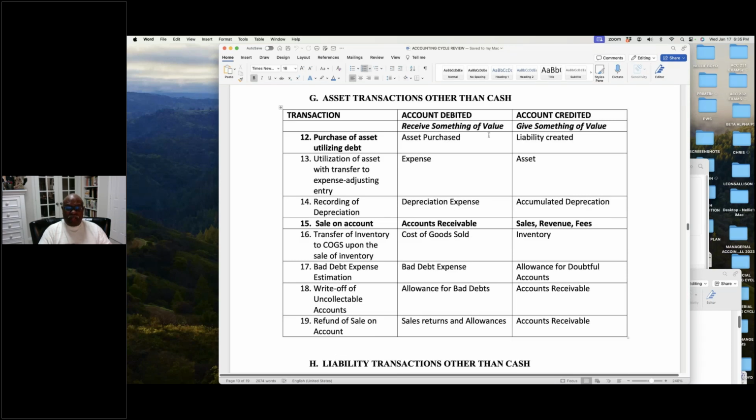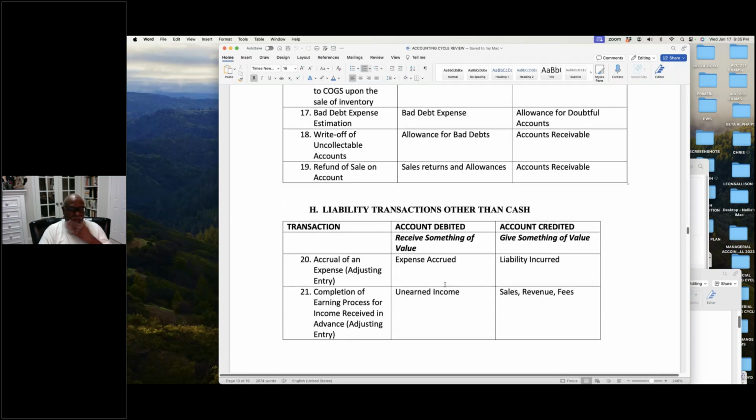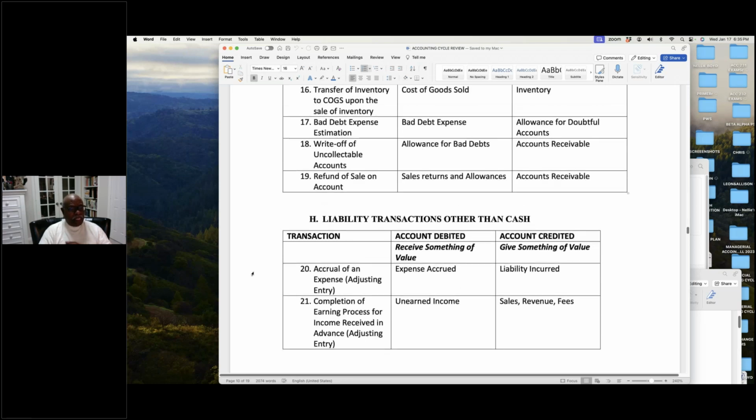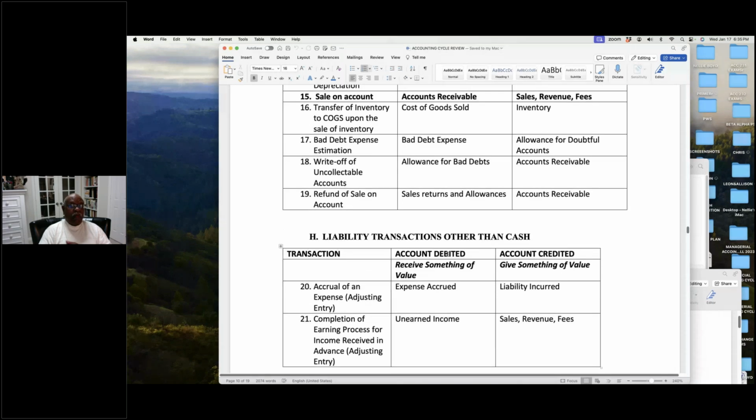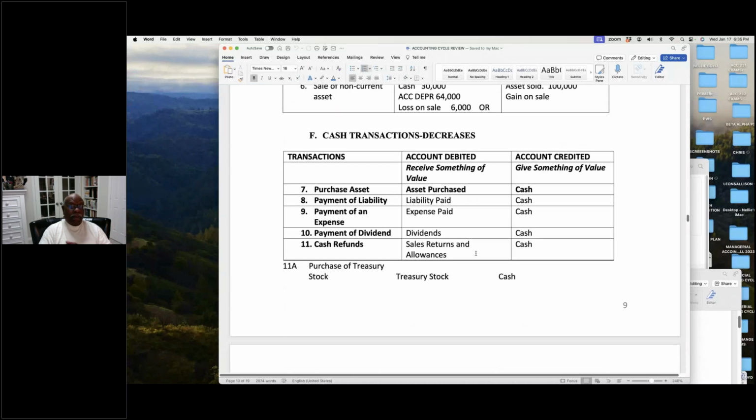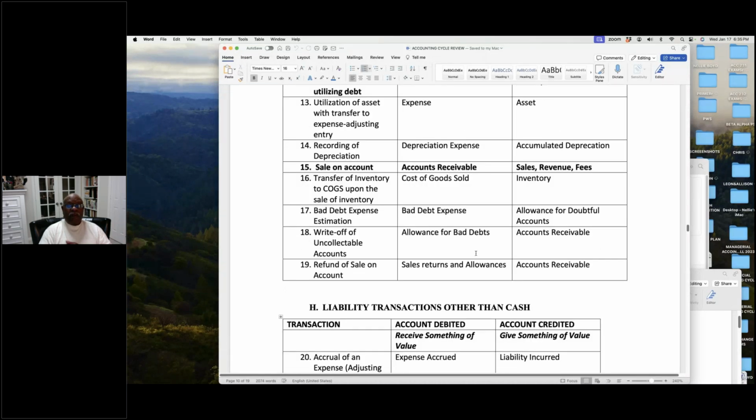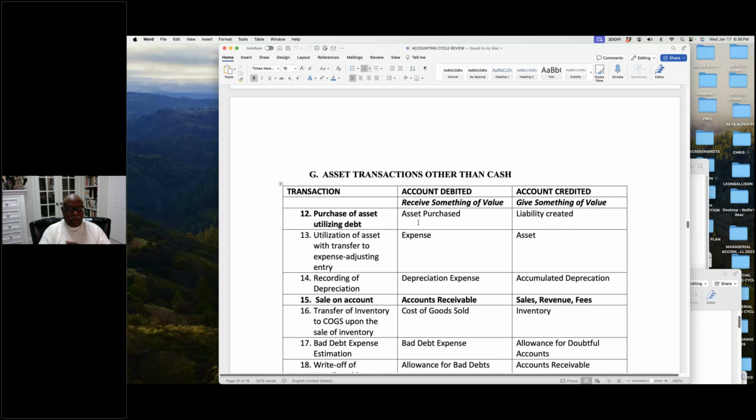And it's telling you what you debit and what you credit. Liability transactions other than cash. So we have 21-some transactions. I think we just laid them out in Principles 1 for those who didn't teach, so that in analyzing a transaction, you analyze a transaction to see if it's 1 through 21. And then this tells you what I'm going to debit and what I'm going to credit.